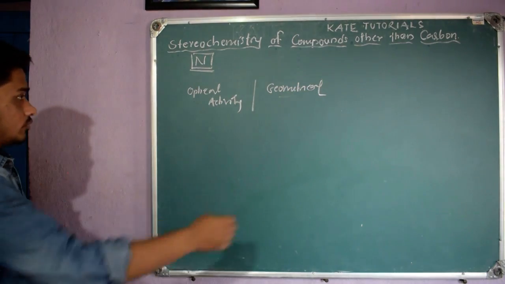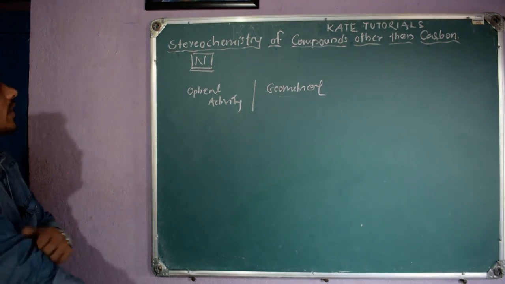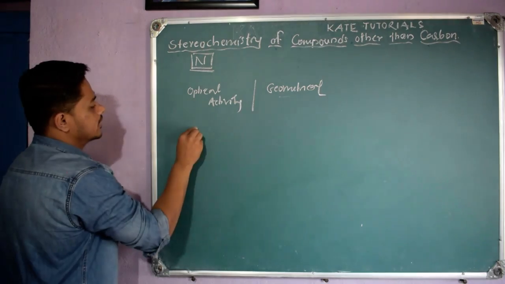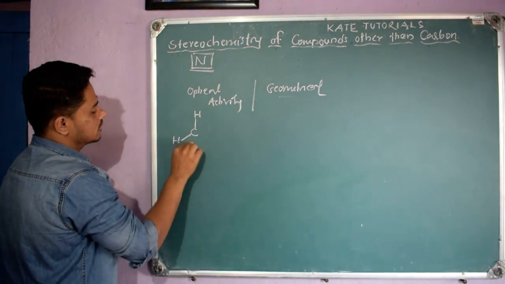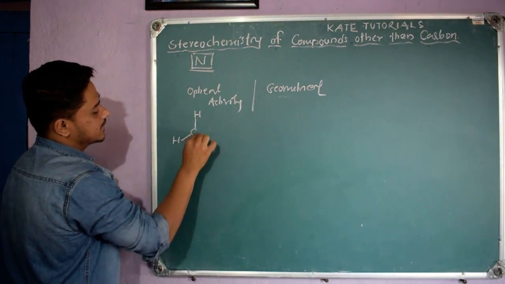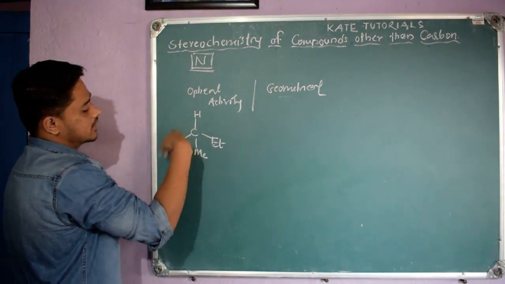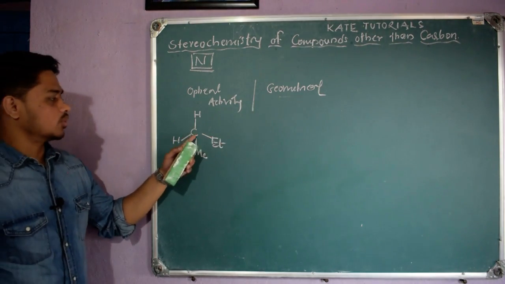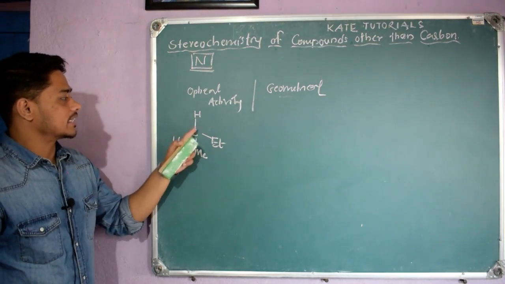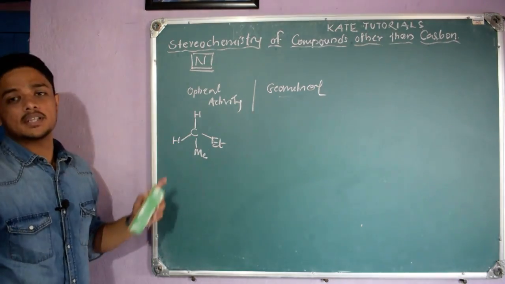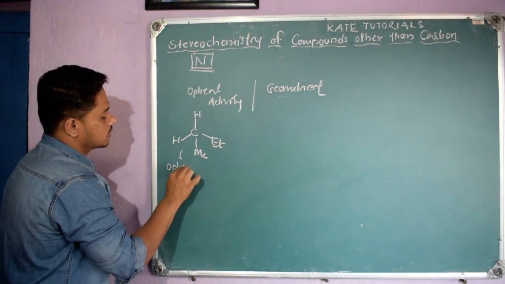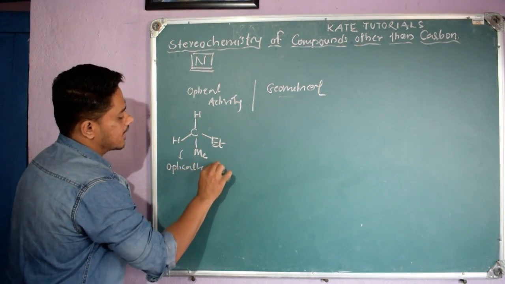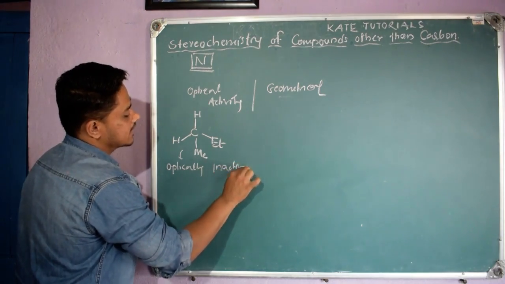In the case of carbon, we have seen that if a carbon is attached like this, Me means methyl, Et means ethyl, if it is attached to the same two atoms, then that compound will be optically inactive.